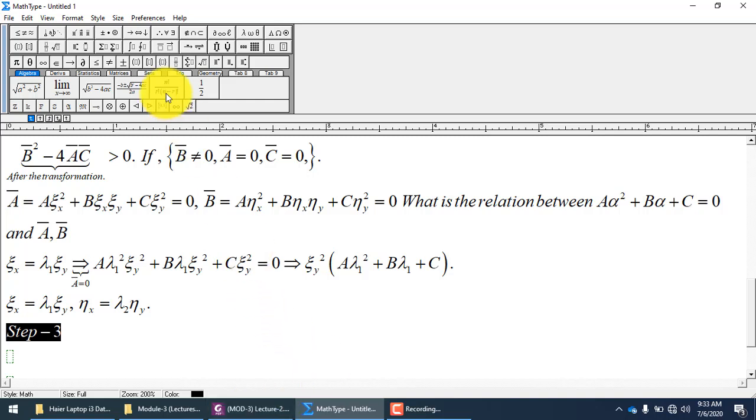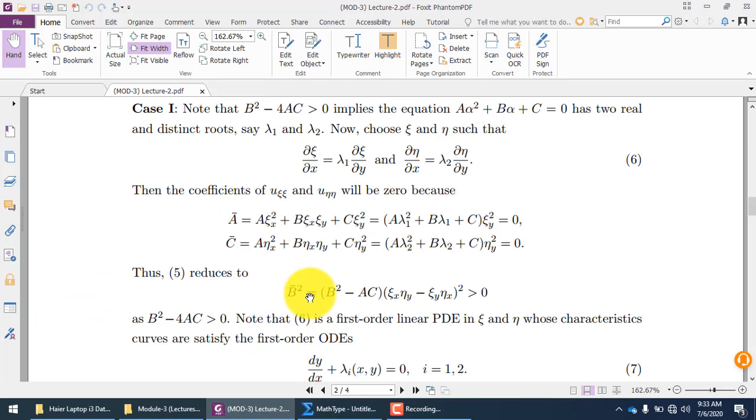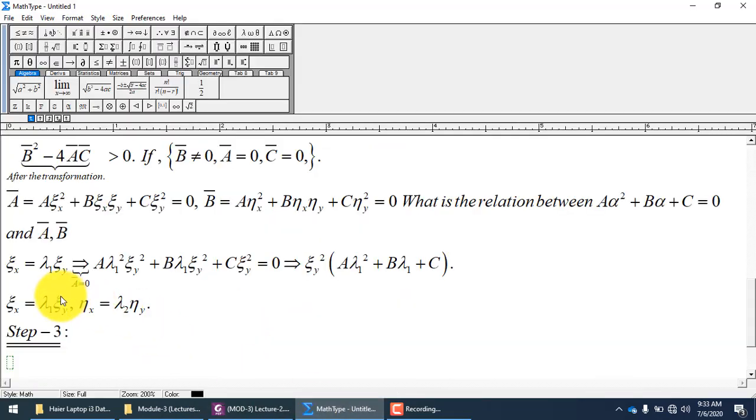In step 2 you have learned how to select xi and eta. So in step 3 you will actually implement this knowledge. How? If you divide xi x and eta x, by the chain rule you can talk about dy by dx, because on the left hand side you have partial eta over partial y, and on the right hand side you have partial eta over partial x.